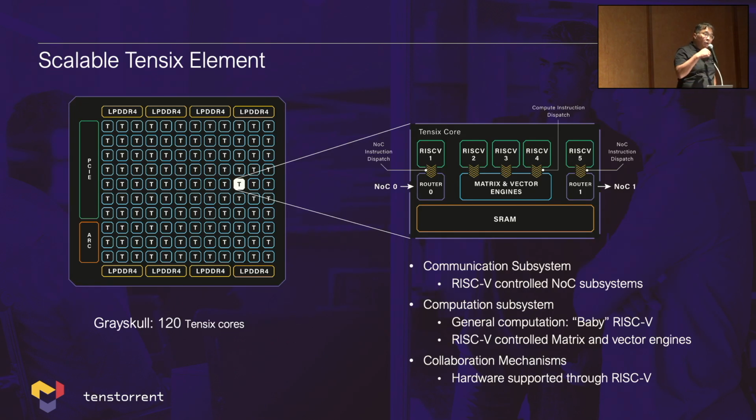So what I want to dive into now is to explain in more detail how the RISC-V technology is used in our basic building element, Tensix. You can see on the picture here is our Tensix computation unit. If you really want to partition it, you can partition it into two parts. One is the communication subsystem, which is on the left-hand side and the right-hand side. There's a RISC-V here, and a RISC-V here.